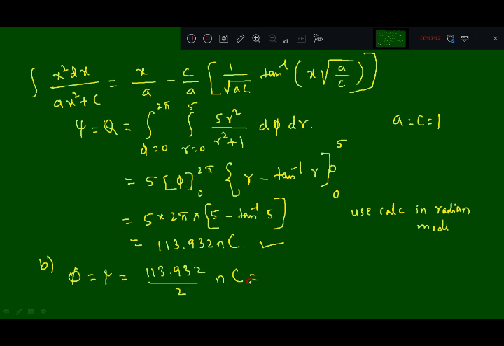That value you will get as 56.966 nanocoulombs in the minus a_z direction. Okay, this is the answer here.